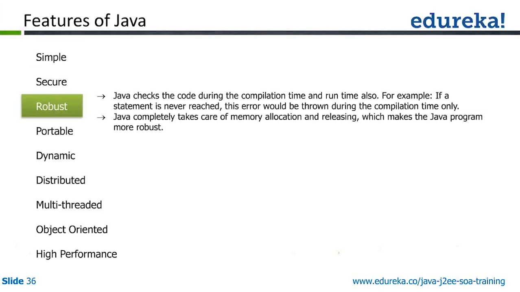So it's robust. When we talk of robust, we want an application not to fail, and it should be able to recover from errors. Java scores a lot of brownie points in that area. It checks code during compilation time.